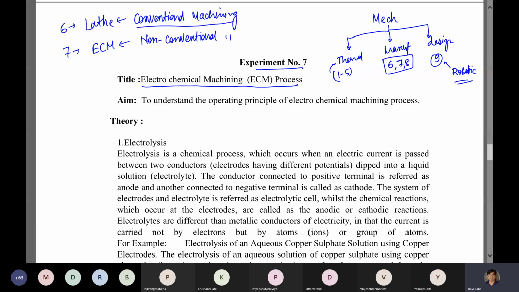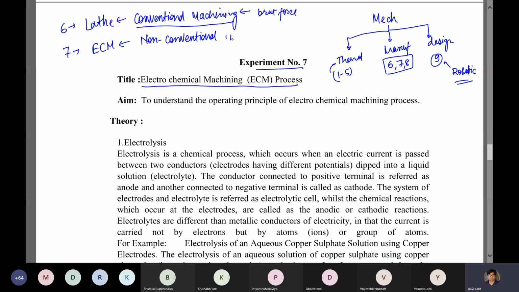In conventional machining, we use brute force in order to change the shape of the raw material. We may cast it, we may forge it, we may bend it by brute force, like impact or by pressurizing it.